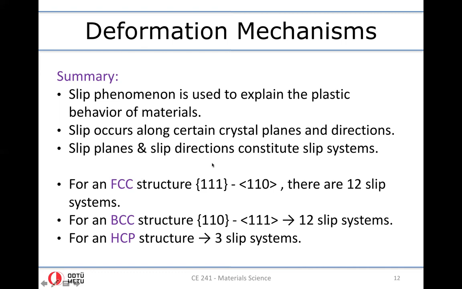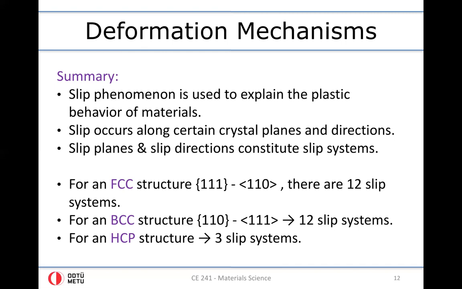Slip planes and slip directions constitute slip systems. For an FCC structure, as we have seen, there are 12 slip systems. For a BCC structure, we have again 12 slip systems. For the hexagonal one, we have 3 slip systems. Of course, you can deduce from these numbers that the higher the number of slip systems, the easier it is for metals to undergo plastic deformation.